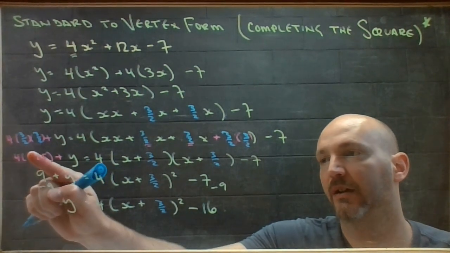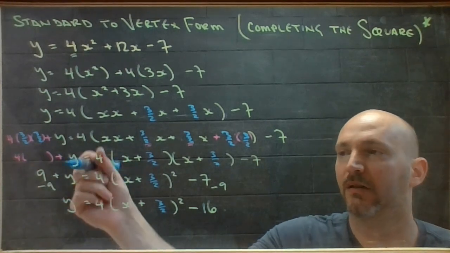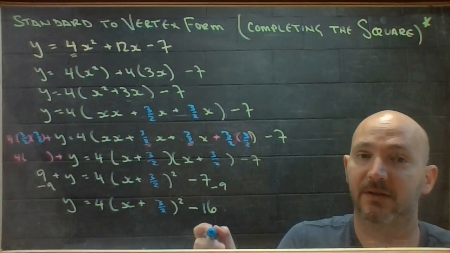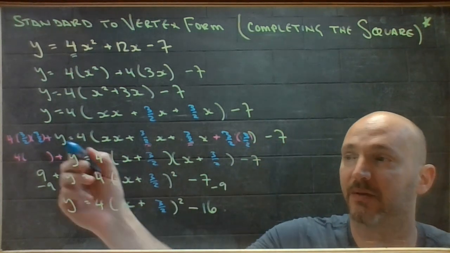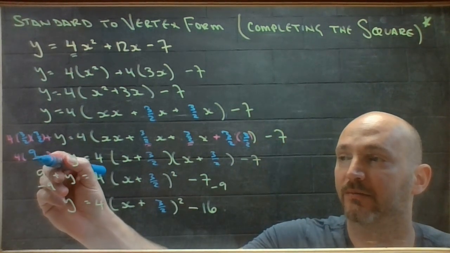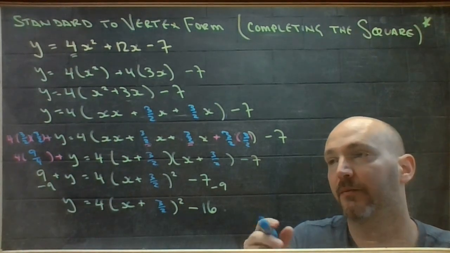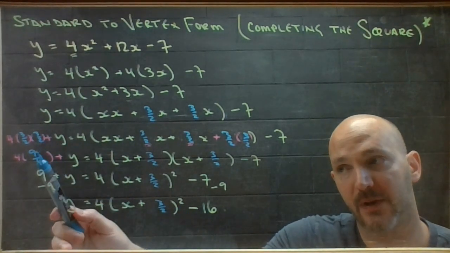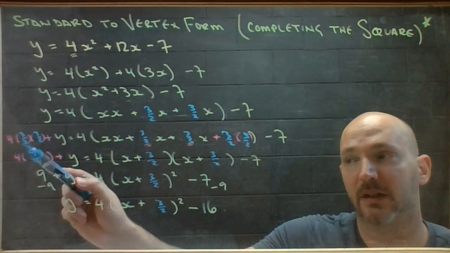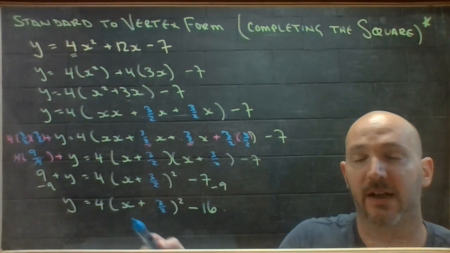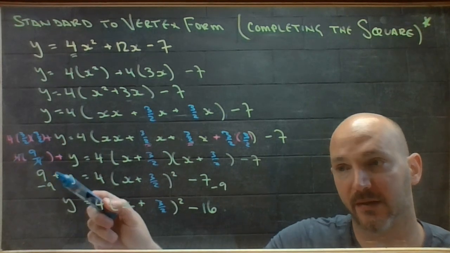And over here, 3 halves times 3 halves. When you multiply fractions, you multiply both the top and the bottom, so I ended up with 9 quarters. And if you do 9 multiply by 4 divide by 4, these two things end up dividing each other out, leaving just 9.